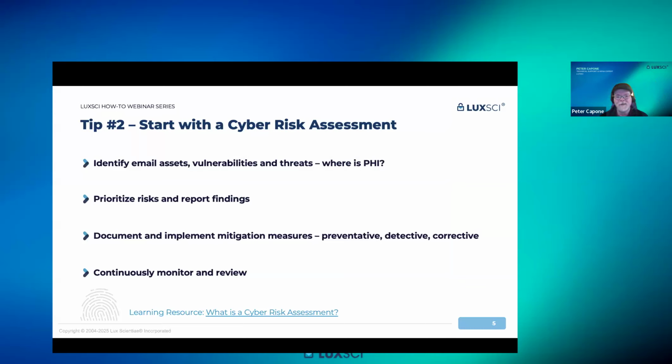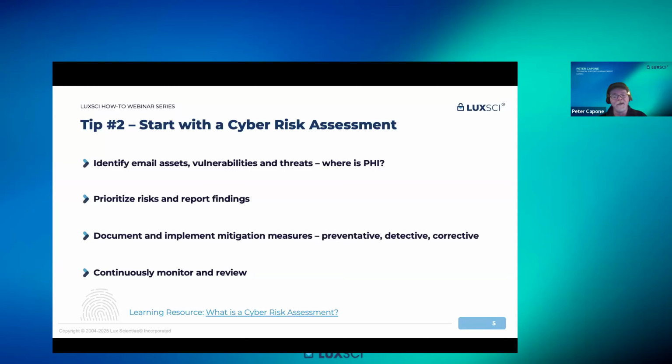You want to prioritize your risks and do reports to make sure that you understand where all these are. You want to document all of the steps that you're going to be taking for mitigation, what you're going to do for prevention, how you're going to detect issues, and how you're going to fix them. And you constantly want to be monitoring for issues.